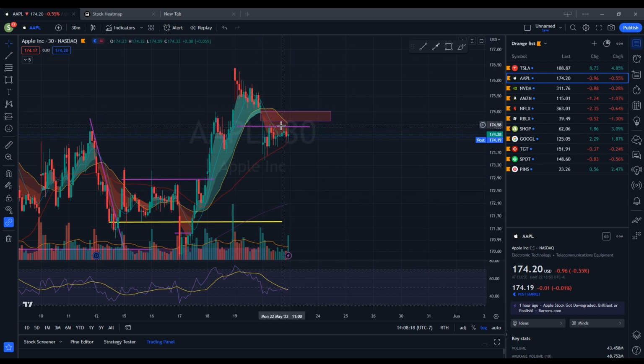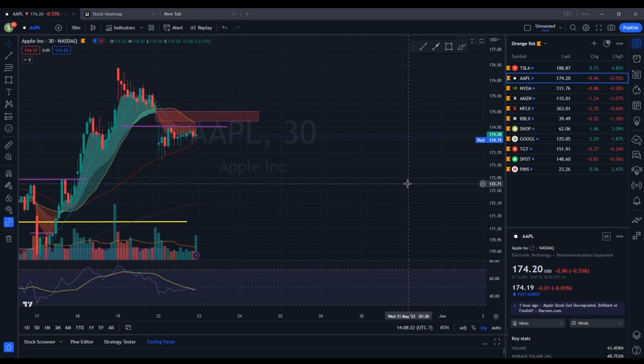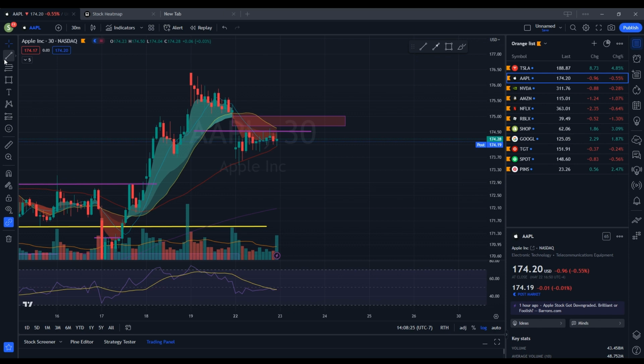So I wouldn't wait for it to play from this to this. It's just too small. It is forming a flag here. You can count these under the wicks here, but ideally, what happens is you push through, fill this gap, maybe a slight pullback, but potentially hit back up to this top.